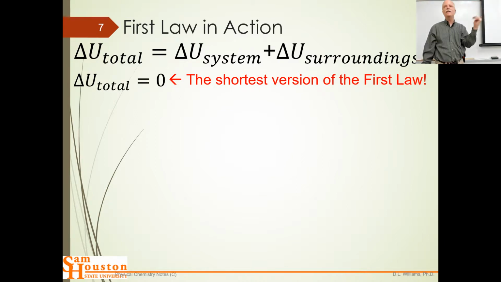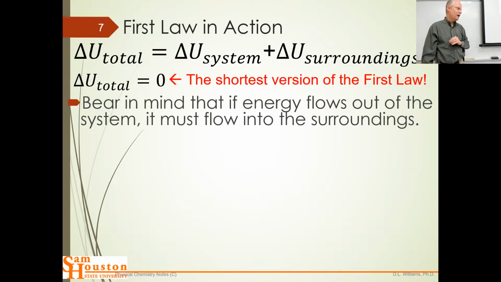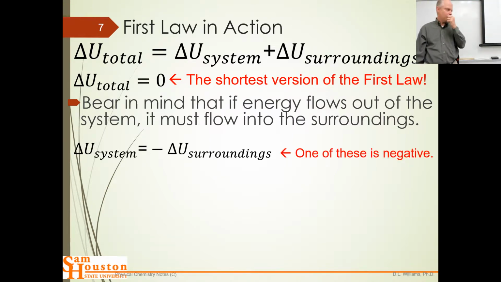And so you've got an isolated system. It's either in the surroundings or in the system. And so if it flows out of the system, it must flow into the surroundings. And so we can move one to the other side, and they're equal in magnitude but opposite in sign. So if the system loses energy, then it's negative, and so then the surroundings would be positive, and so you put that negative sign in there to make the left equal the right.